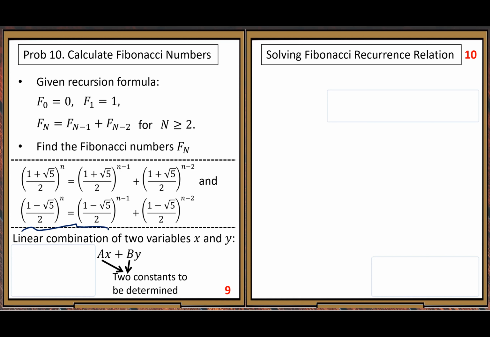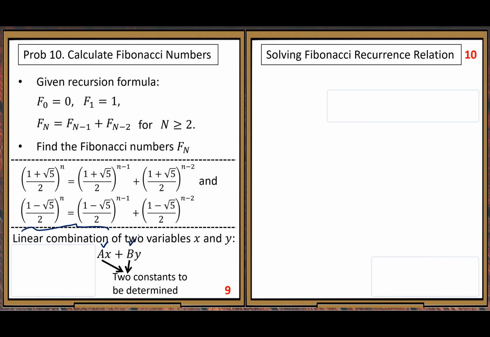So here you get an idea. You may ask, why use this special linear combination to form a new solution? Because capital A and capital B are unknown, for any constant A and any constant B, if we do this linear combination, we will get a new solution.